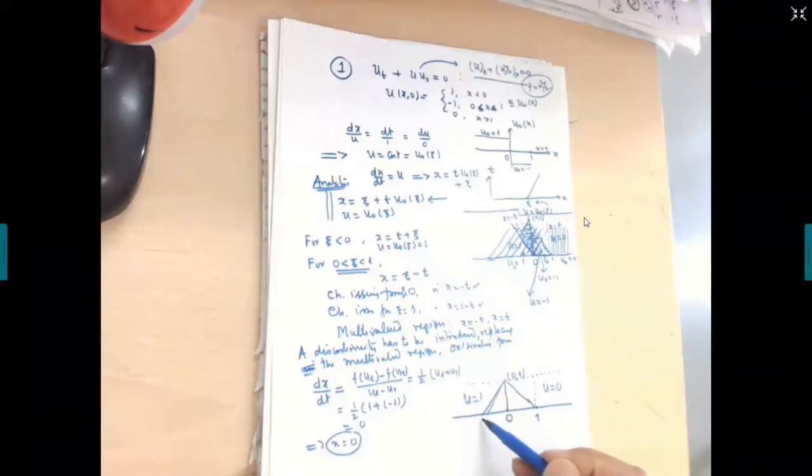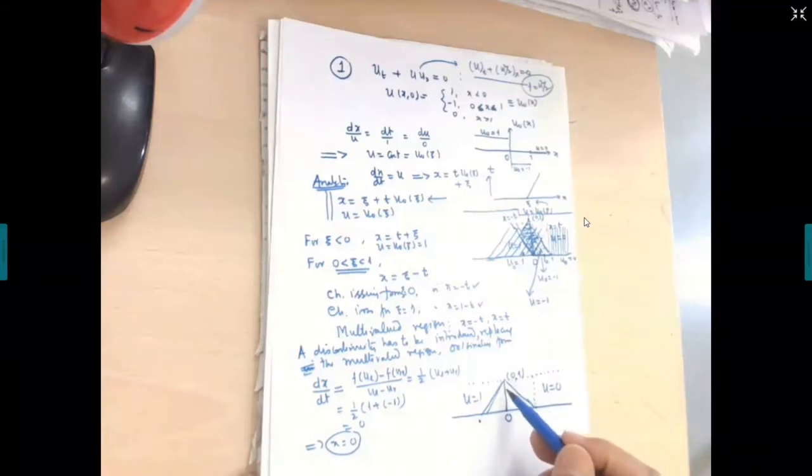Because one value is carried by this characteristic, which is different from the value carried by this characteristic. So different characteristics carry different values. One interval on which the solution will exist will be from here, t varying from 0 to 1.